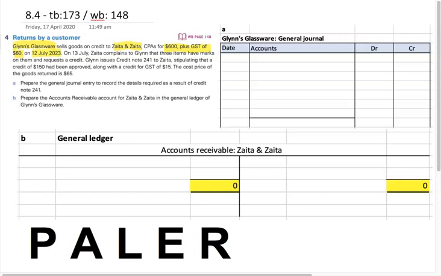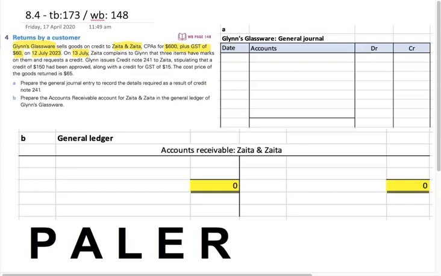So we might, as part of this question, record that transaction as well. The key important bit for us though is on the 13th of July, Zeta complained that 3 items had marks on them, so hence we can say that they are damaged, and requested a credit.